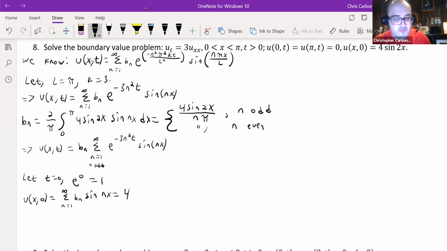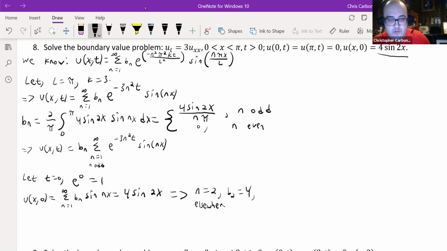And that would be 4 times the sine of 2x, which then implies, because that's the only part we have of the function based upon our problem, that n here has to be 2 in order for that to match, since the 2 matches n, which also means that b sub 2 is 4. And for all other values of n, b sub n would be 0.